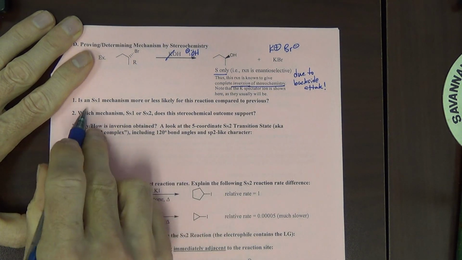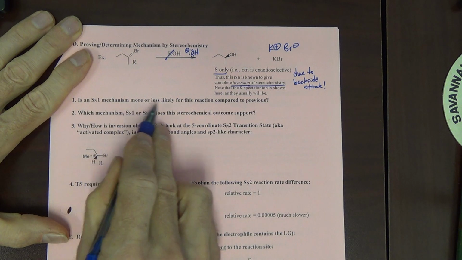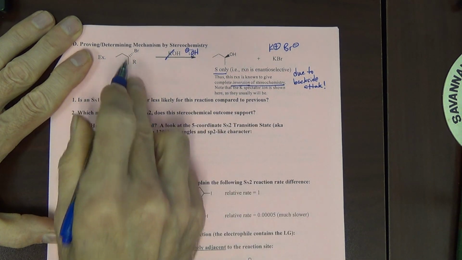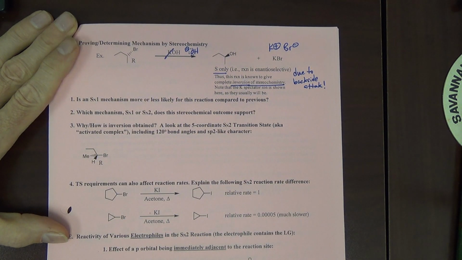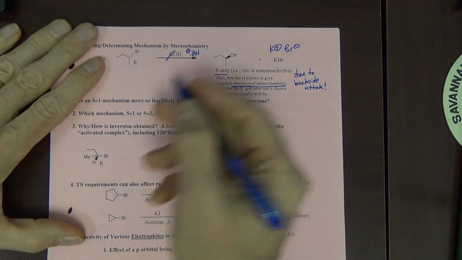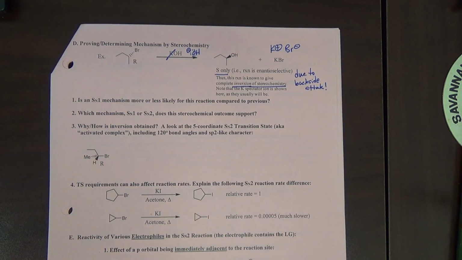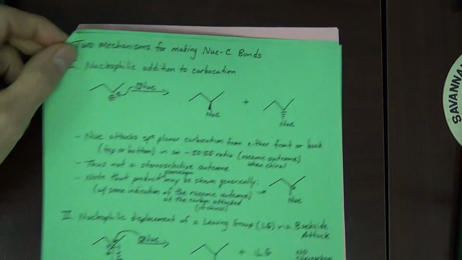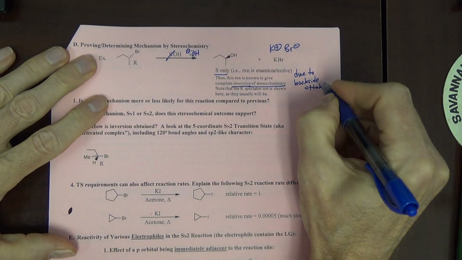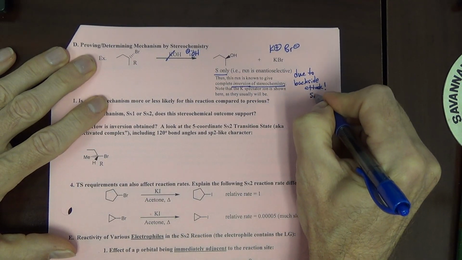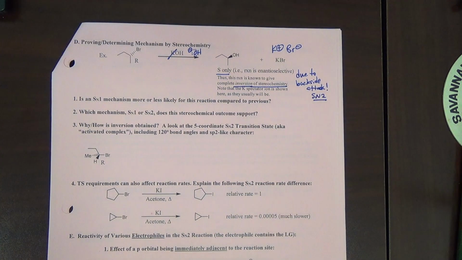Okay, a couple of questions. First off, is an SN1 mechanism more or less likely for this reaction compared to previous? What is the mechanism? Well, we kind of already know because I really stressed this early on. We already know that you get backside attack with SN2.